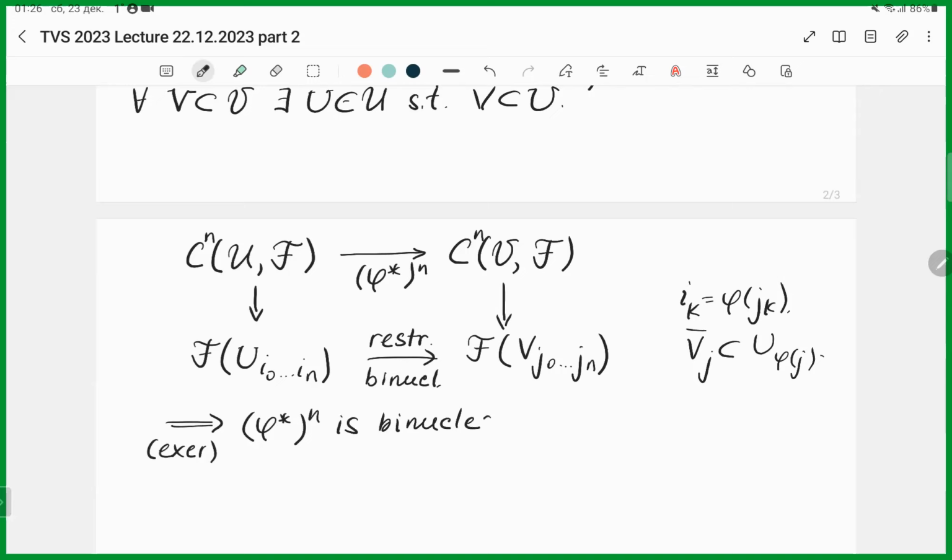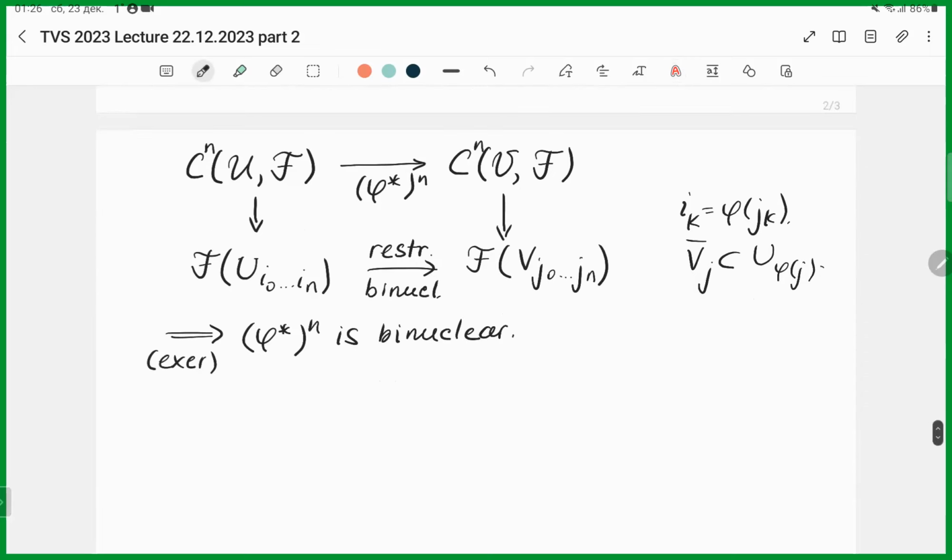Basically this follows from the fact that these restriction maps are binuclear, and from the fact that Cn is a finite product of these section spaces. So phi star is binuclear, but on the other hand, we have the second Leray theorem, Leray 2, which implies that phi star is a quasi-isomorphism.